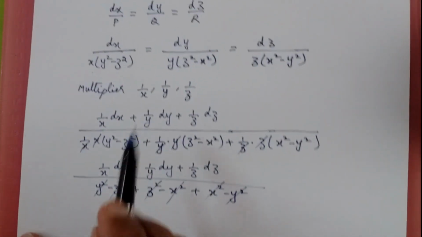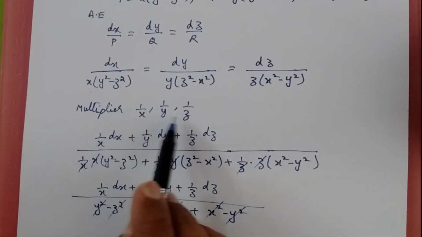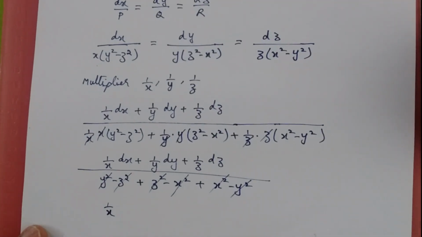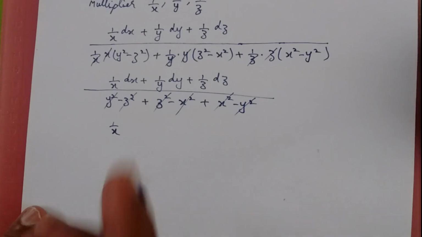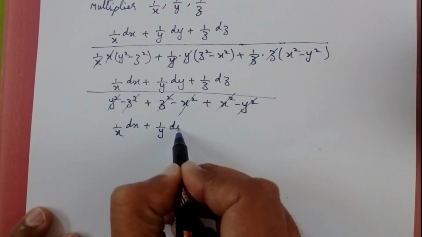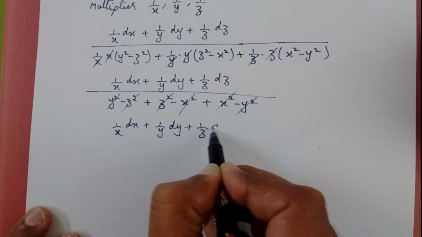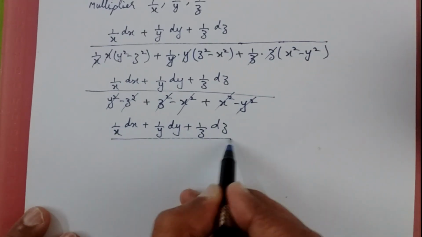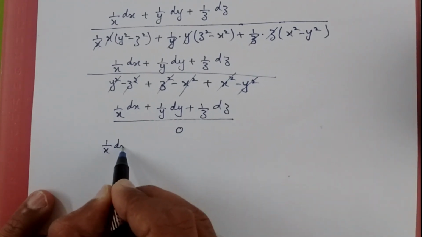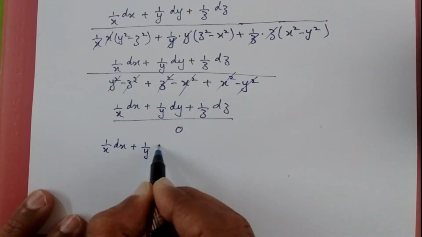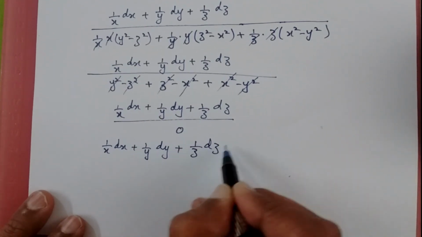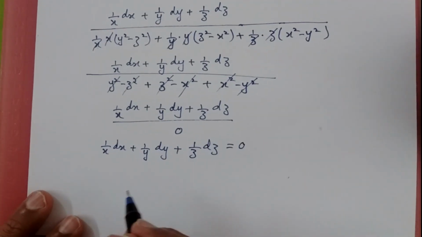Keeping this in mind, you consider the multipliers. So I have got 1 by x into dx plus 1 by y into dy plus 1 by z into dz, whole divided by 0. Hence you get 1 by x dx plus 1 by y dy plus 1 by z dz, and its value is equal to 0.